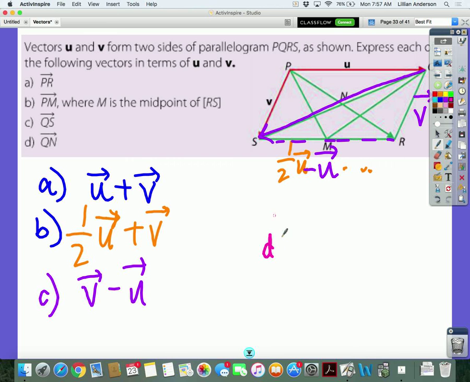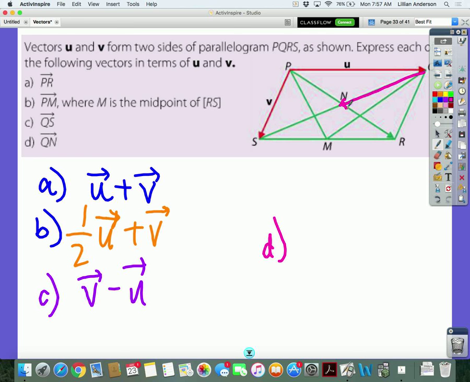And then the last one, qn. Where's q? Where's n? Okay, I see it. Okay. Q to n. Well, it looks like we're stopping halfway in between something.